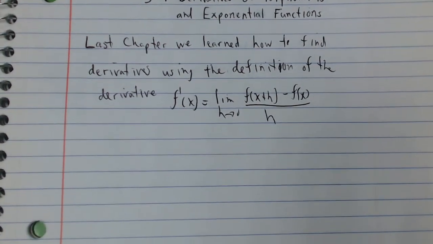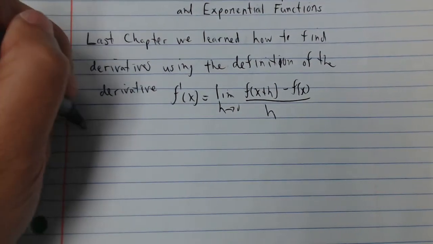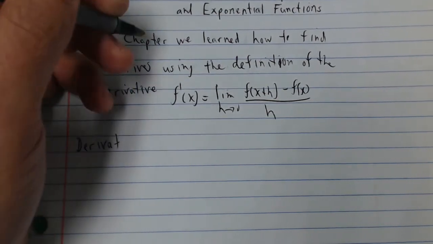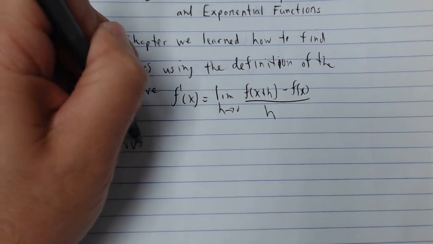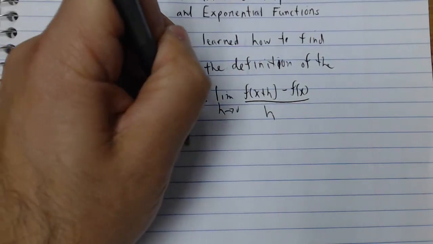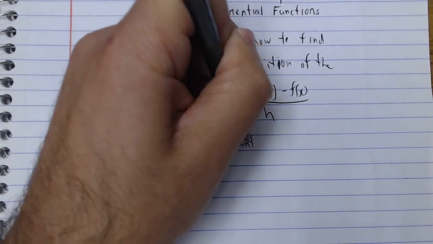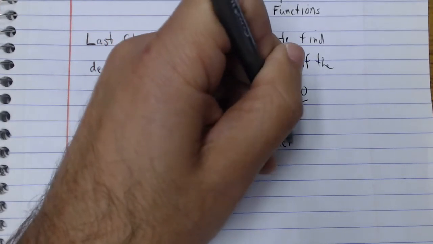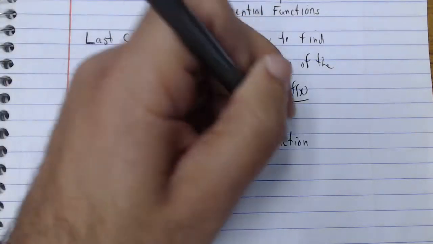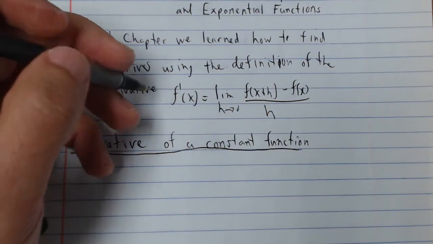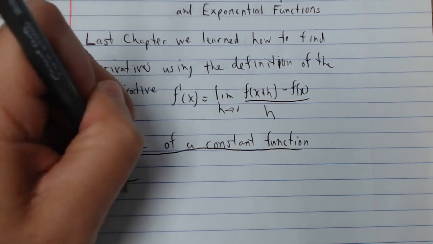So let's start off with the most basic derivative, which is the derivative of a constant function. So we could say the following, the derivative with respect to x.